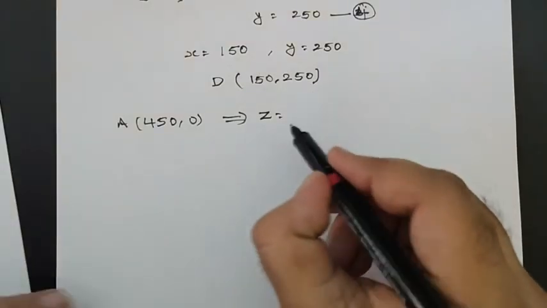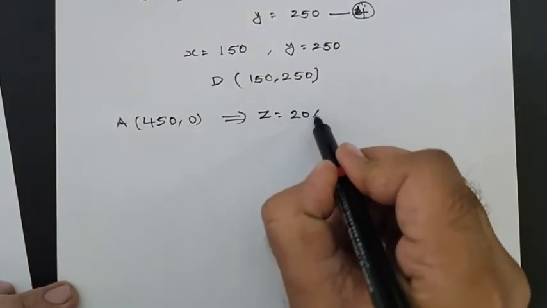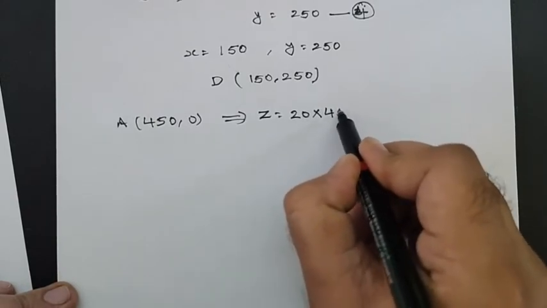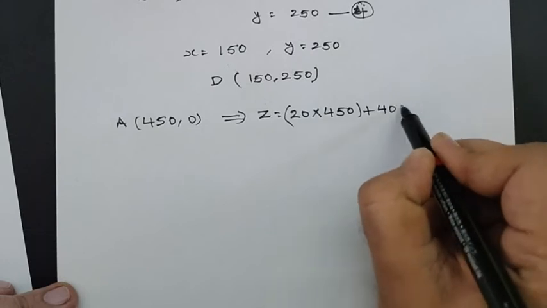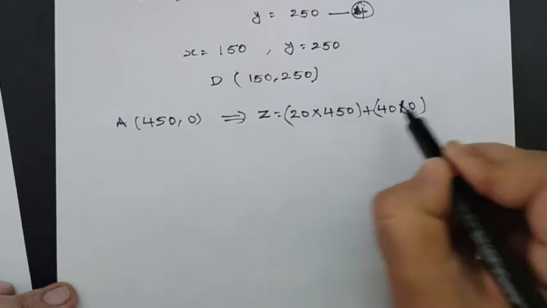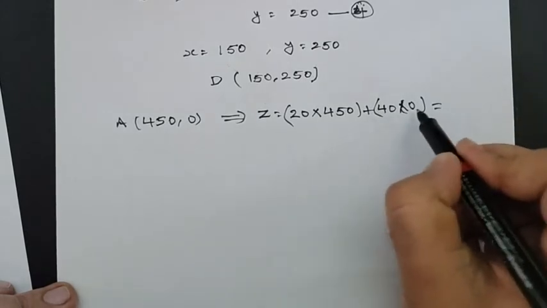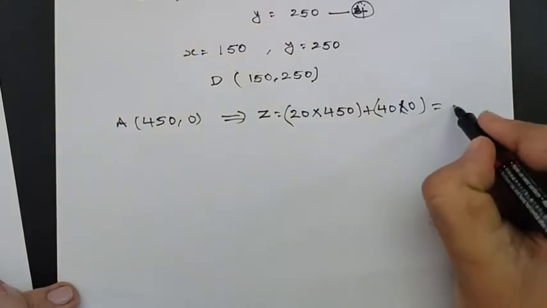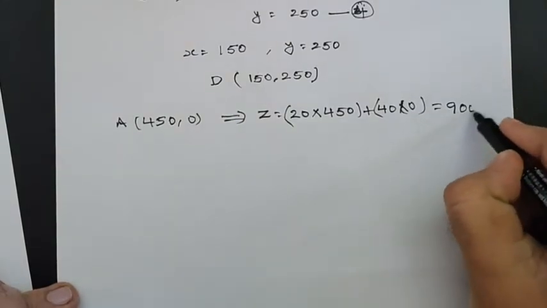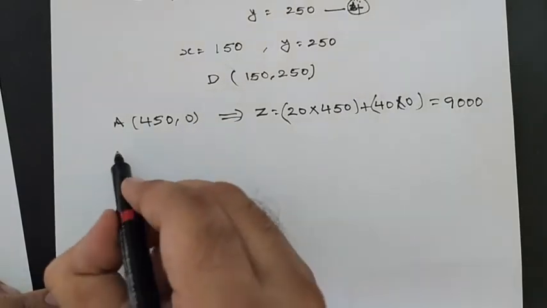So that means 20 into x, which is 450, plus 40y, which is 40 into 0, right? So what is the value of this? This will become 0. Then 20 into 450 is equals to 9000, right?